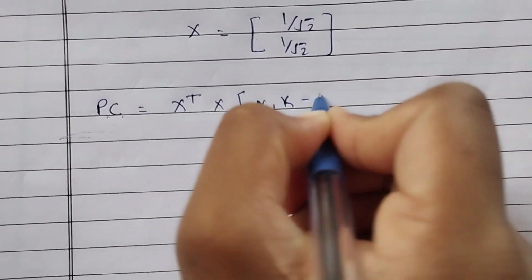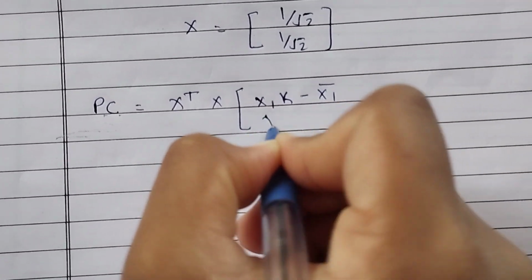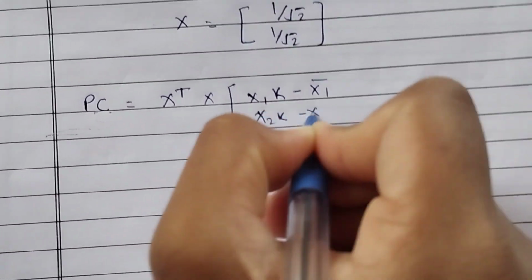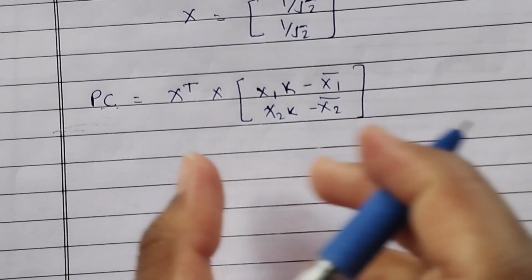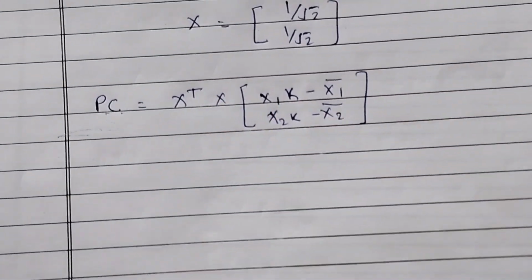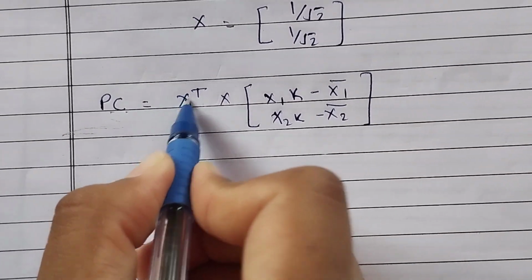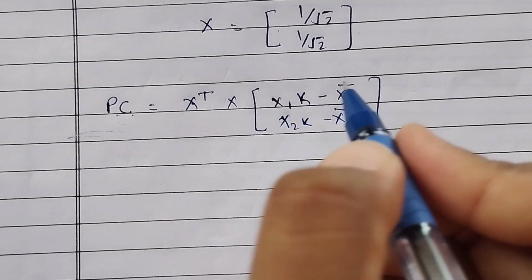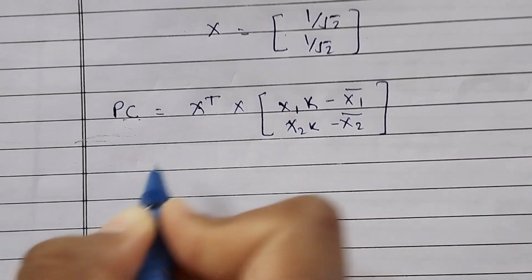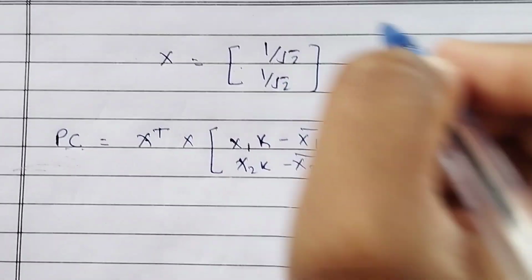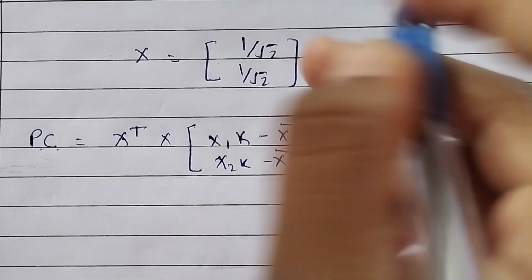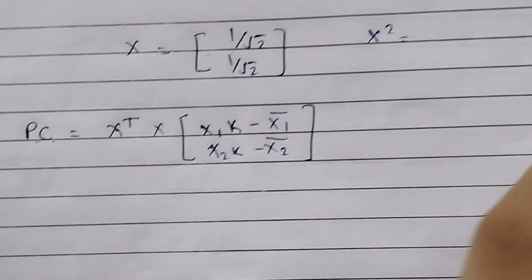x1k minus x1 bar, x2k minus x2 bar. Now we see what these terms are. So this x we found out here. So x transpose means, this is the x, and if we want to find x transpose, only this column is shifted to the row.